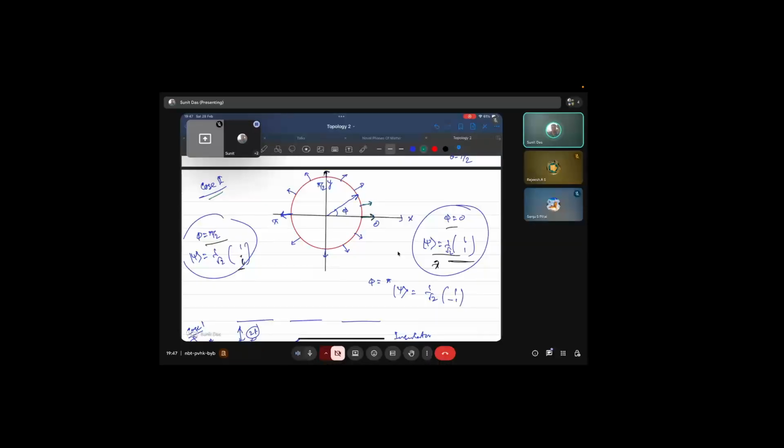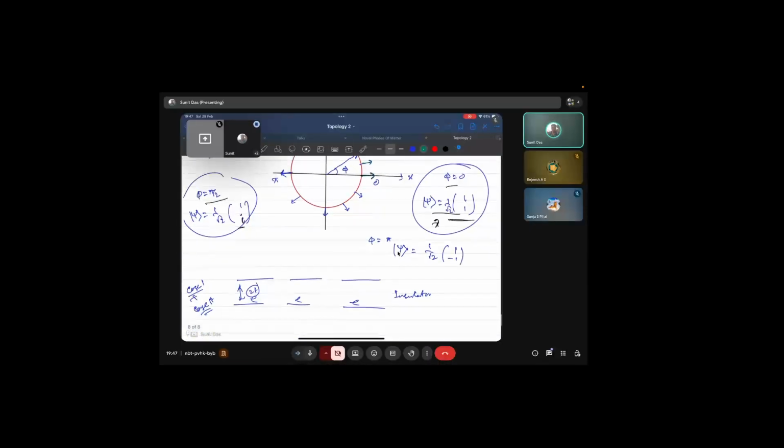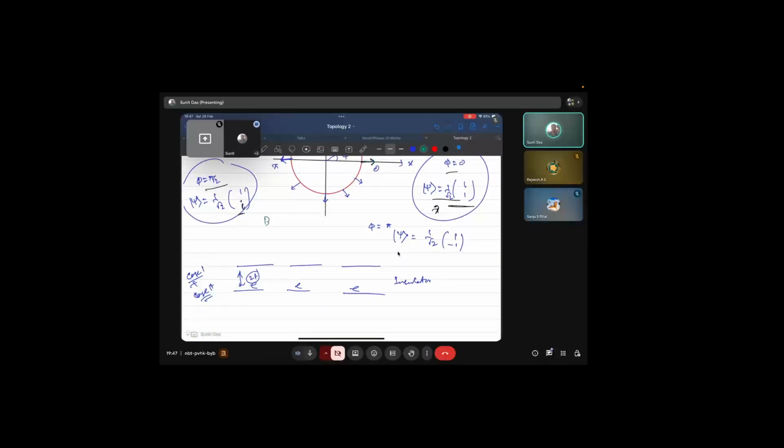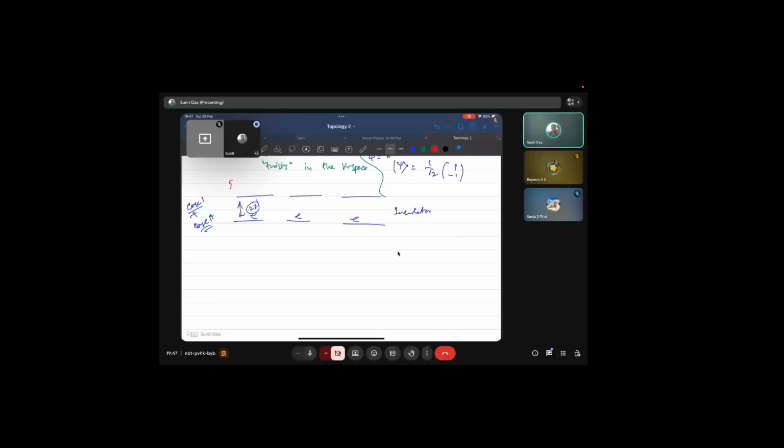So the Bloch vector, we can say in this case two scenario, twists in the k space. Okay, and this is what is called band twisting.